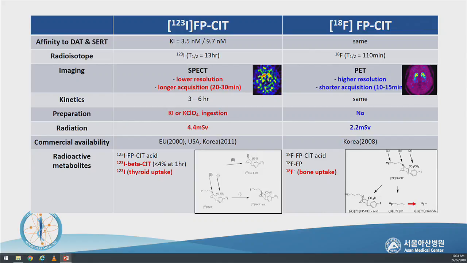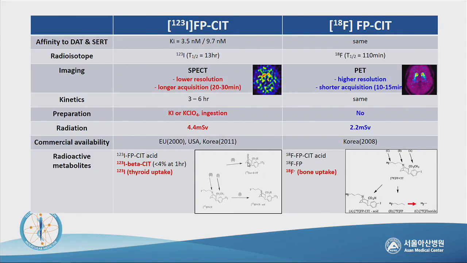F18 FPCIT and iodine FPCIT have the same chemical molecular structure, so they have the same affinity and selectivity to the dopamine transporter. However, there are some differences in physical property and imaging technique. F18 FPCIT has several advantages over iodine 123 SPECT. It has a high image resolution and shorter acquisition time.